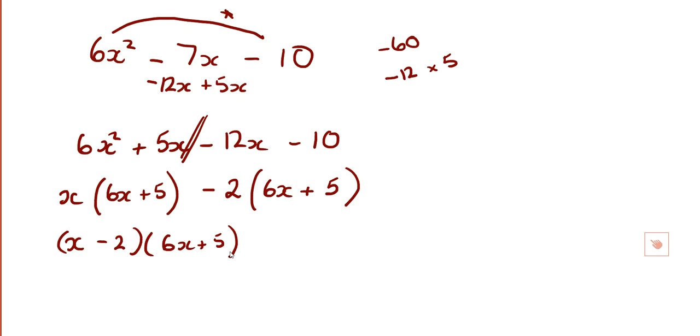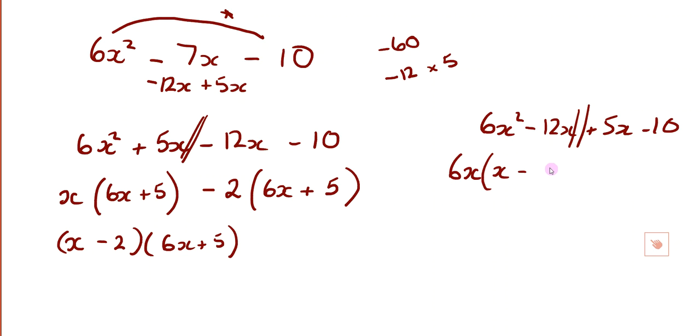What if you do the other? Alright, let's do it the other way around. Let's get 6x squared, subtract 12x plus 5x minus 10. Switch positions. Yeah, so we get factorise different, but this time we would get 6x times x minus 2. Okay? Oh, sorry, I shouldn't have done that. Couldn't you get 3x as well? But that's not fully factorised.